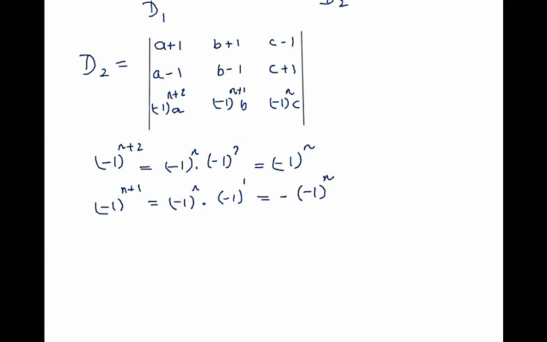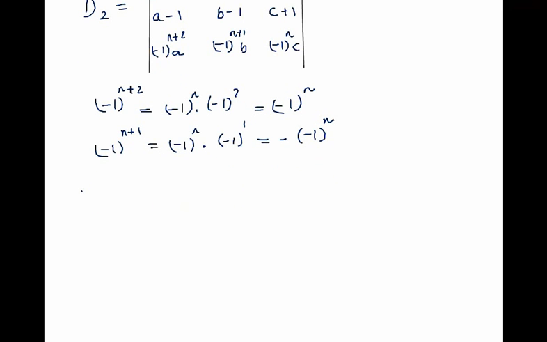Therefore D2 will now take the form of something of this manner, that the first row will be unchanged, the second row will be unchanged, but the third row will change.